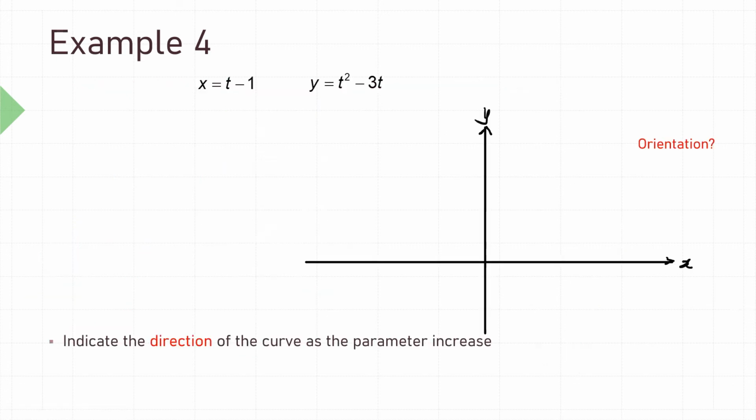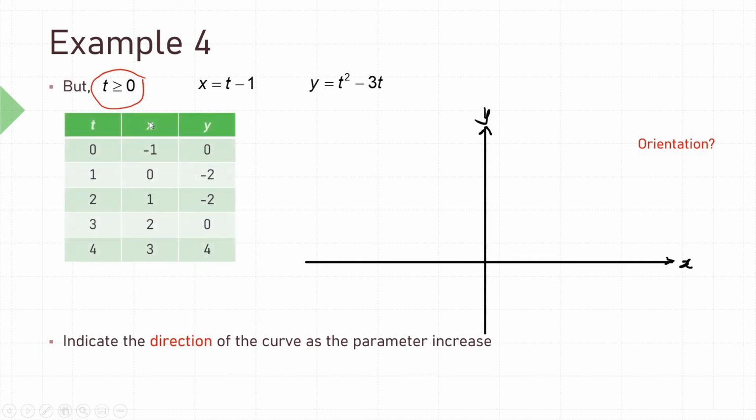But since the equation indicates that t must be greater than or equal to 0, when you substitute the value of t with 0, you get these coordinates; when t is 1, when t is 2, and so forth. So we have these points.